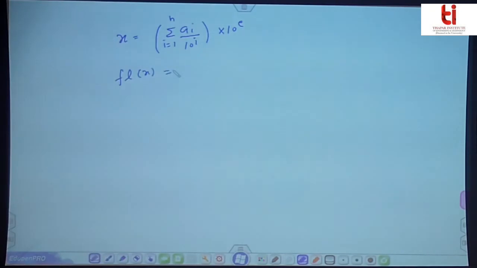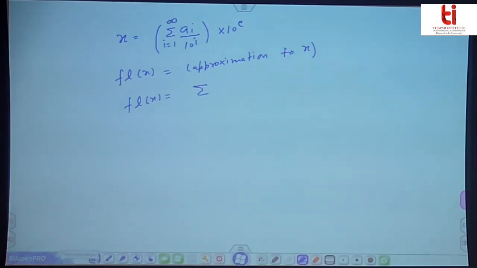We are finding the floating of x, that means the approximate value of x, the approximation to x. Let us suppose we are taking n digits in the approximation of x. So we can write fl(x) as a summation, sorry, there is one mistake, this is up to infinity.